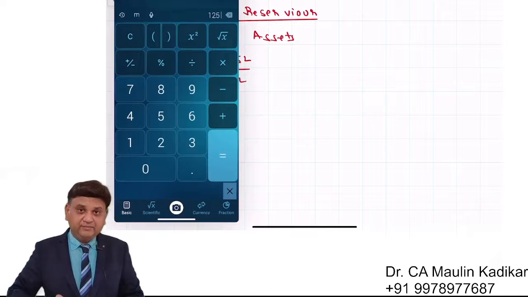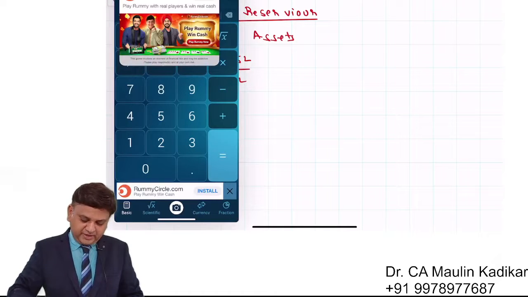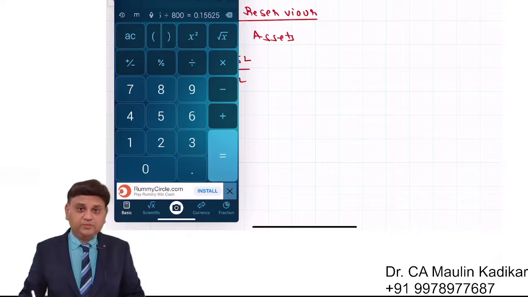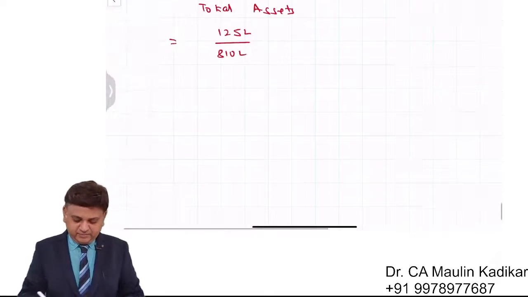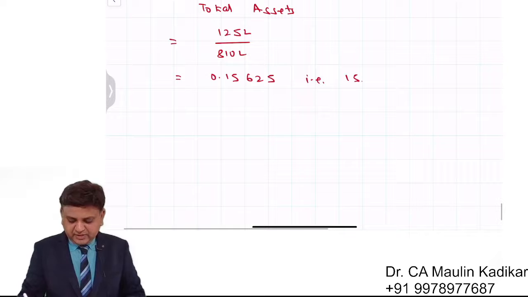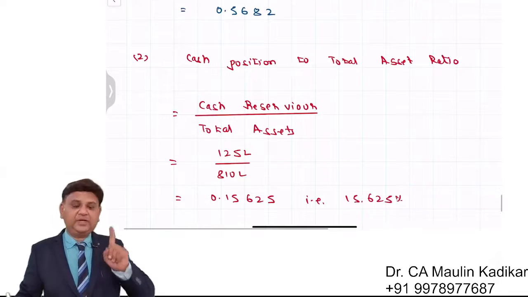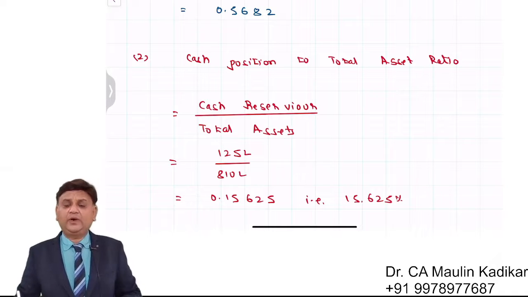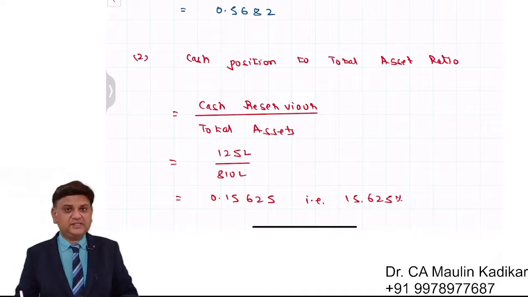So 125 out of 800, that comes to 0.15625, that is 15.625%. Means for every 1 rupee of the total assets, we have approximately 0.15625 as cash.